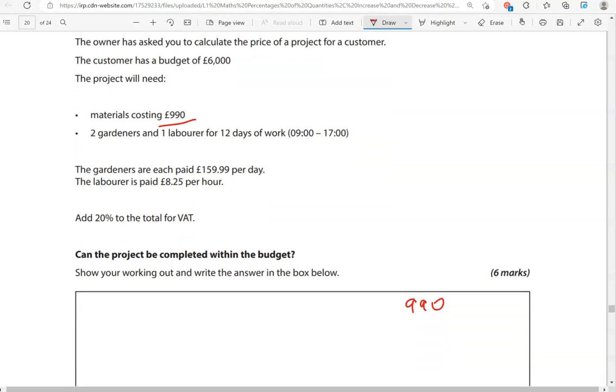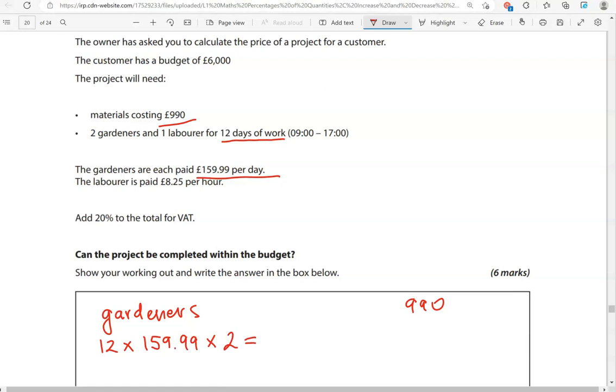So we've got to add to 990 the cost for the 2 gardeners working. They are paid per day for 12 days of work. So we're going to do 12 times 159.99, and it's 2 of them.